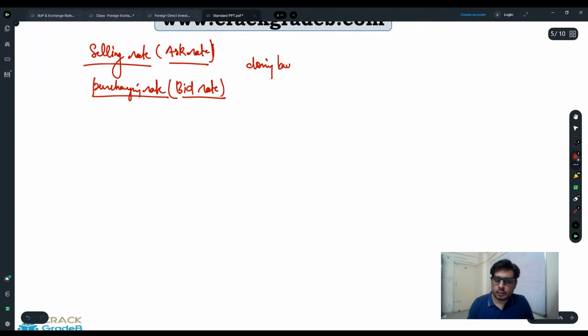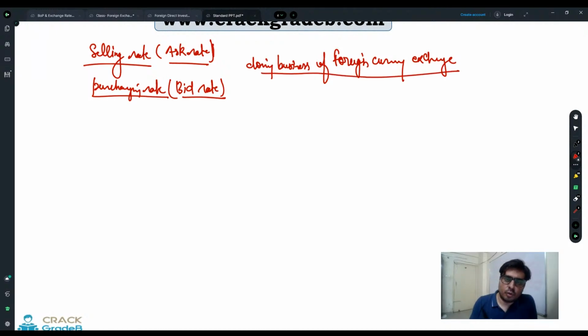So those who are doing the business of foreign currency exchange, that means they are not the people who are doing import and export activity.